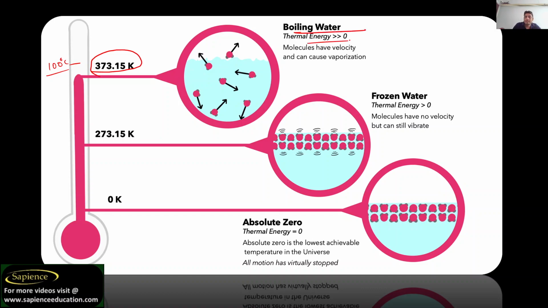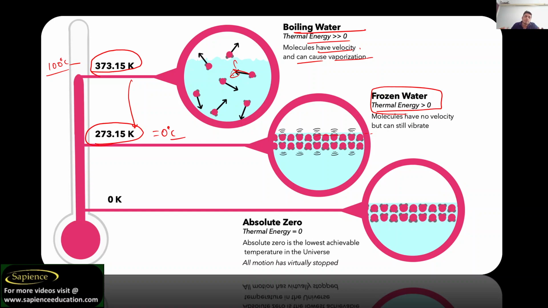So for boiling water, the thermal energy is very much greater. The molecules have velocity and can evaporate. See here, it has very high speed. Now as soon as you come down to 273.15 Kelvin, that is equal to 0 degrees Celsius, it is in the frozen form. Thermal energy is still greater than 0 here. We can't say that it has 0 thermal energy.